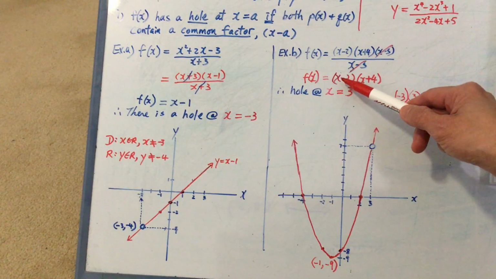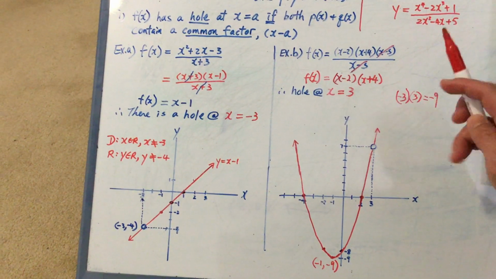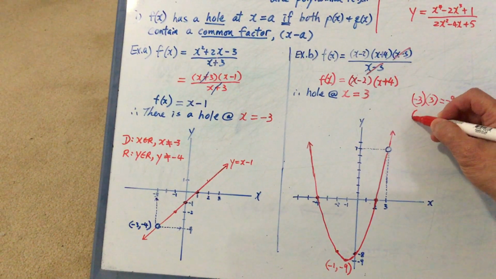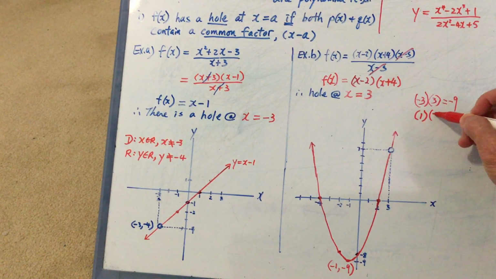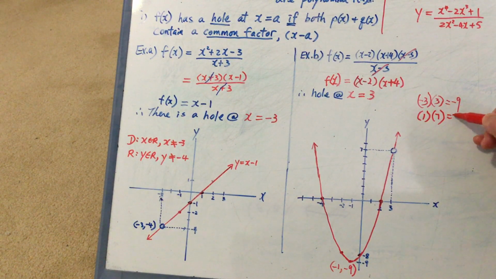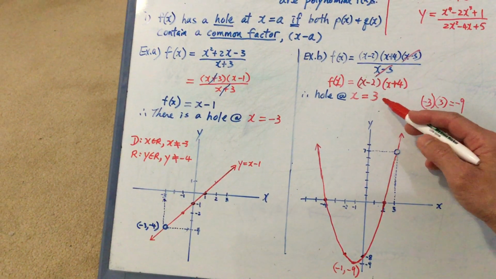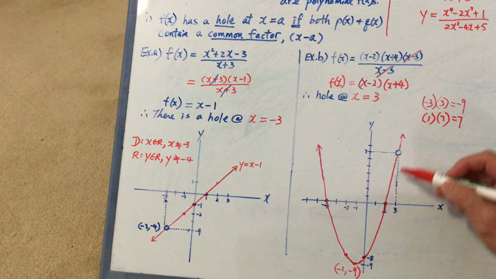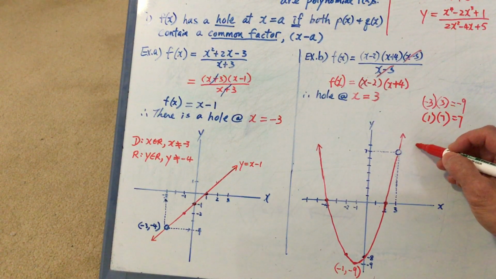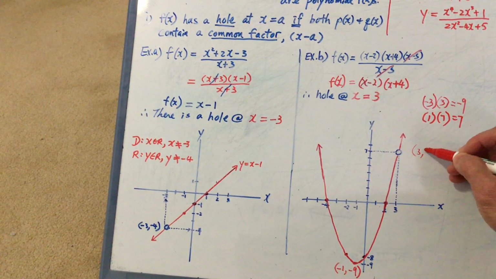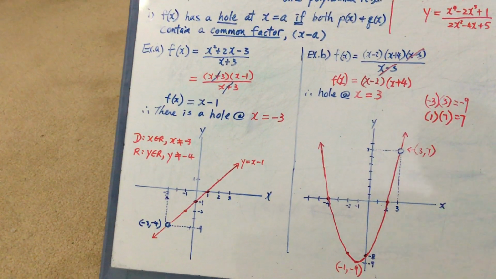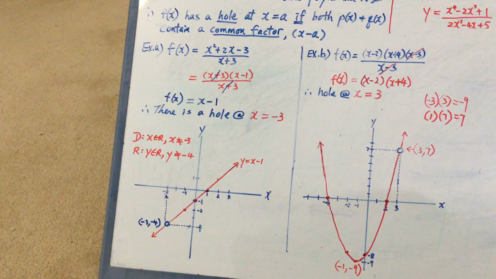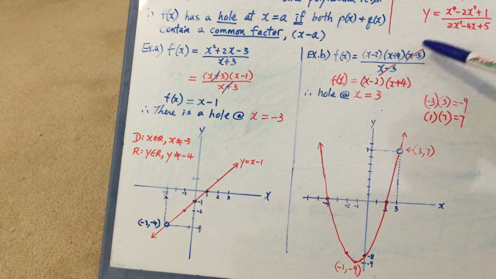When x is equal to 3 over here, you get a 1, and over here you get a 7. So the y value when x is equal to 3 is going to be 7. So there is a hole at this point here, 3, comma 7. Okay, so this is the parabola, but with a hole, because of the common factors that they have.